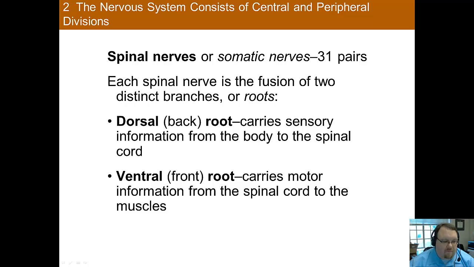This is why, if you have a spinal injury, you can obviously lose sensory information because you lose the information from these neurons. And you also can lose the ability to control motor systems because that information is not getting through the ventral root to those muscles.